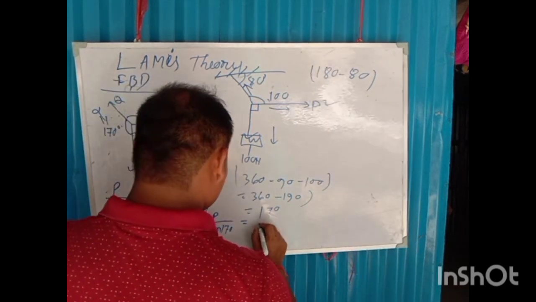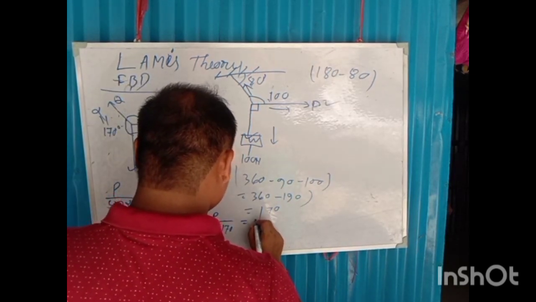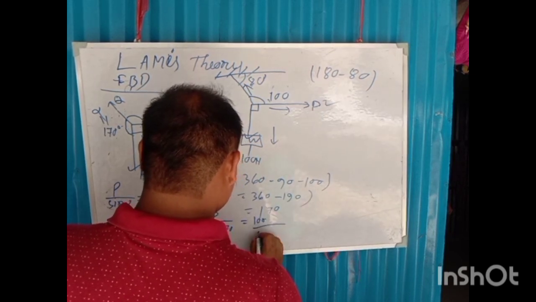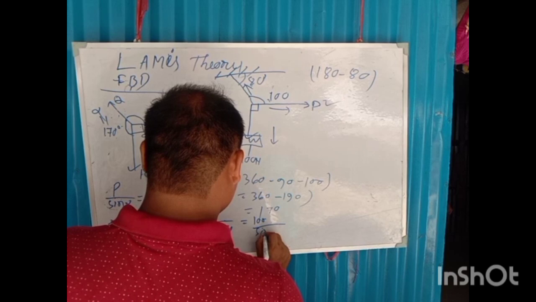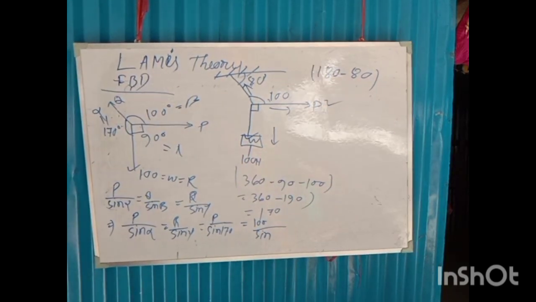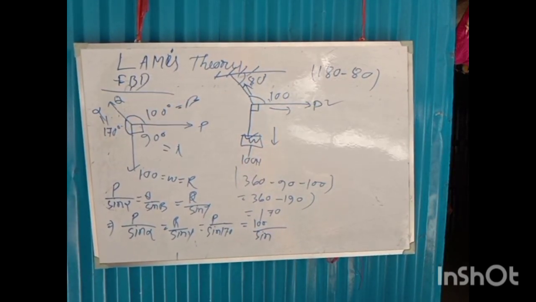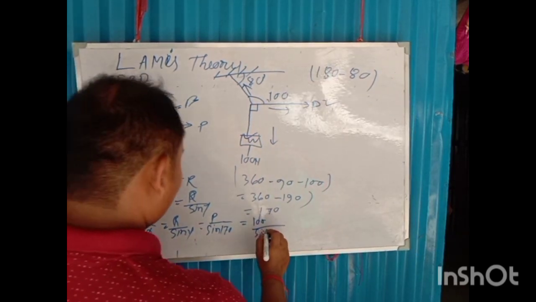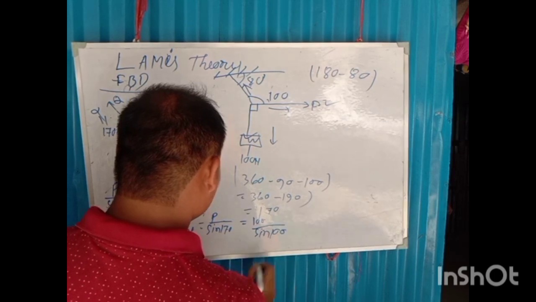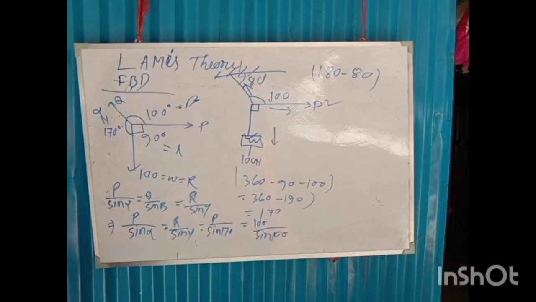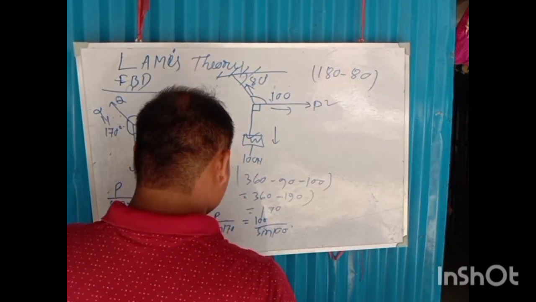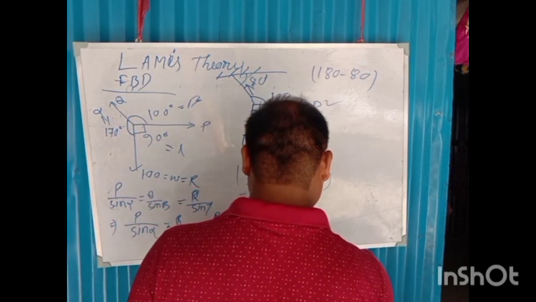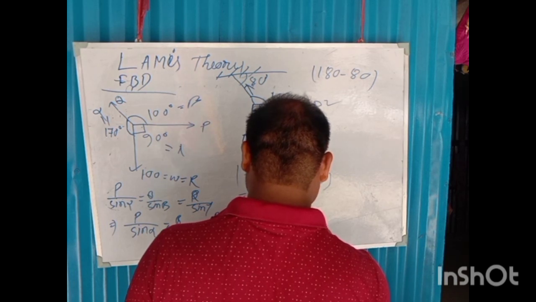R means weight. What is the value of R? 100. Okay, 100 by sine 100 degree. So by this formula we can easily calculate the value.